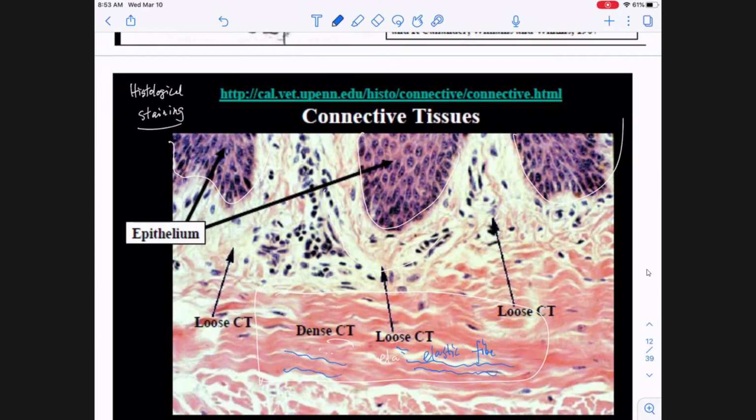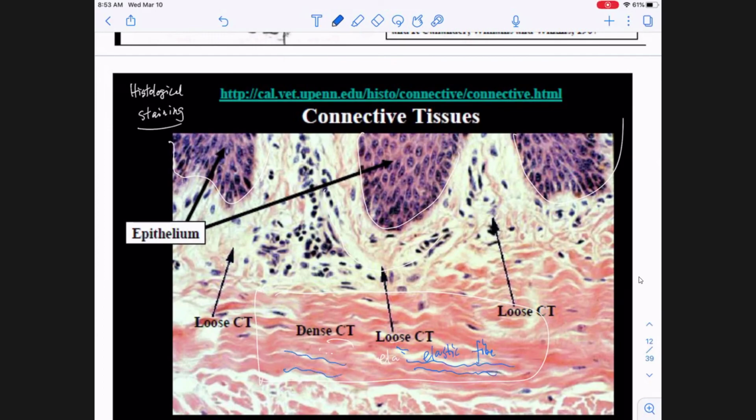That's the basic, primary cells in connective tissue, and they all form the amorphous matrix, right?